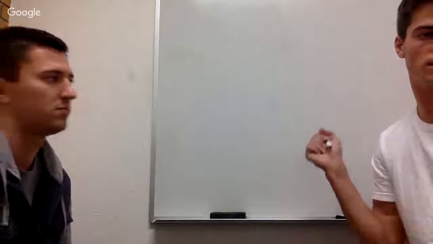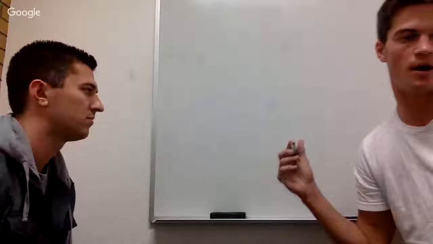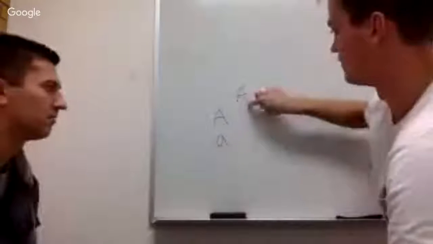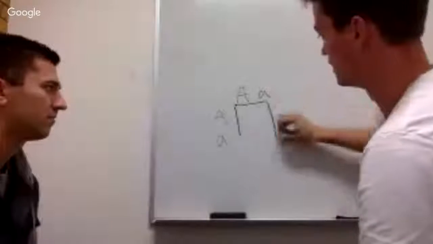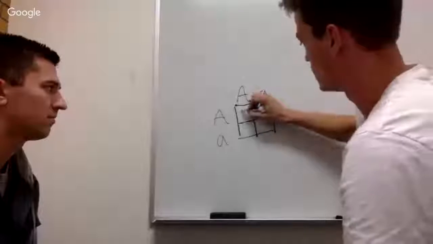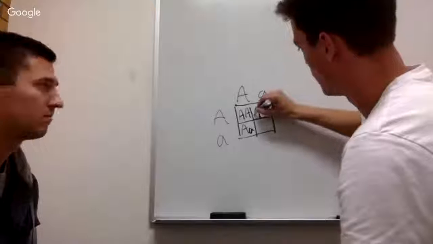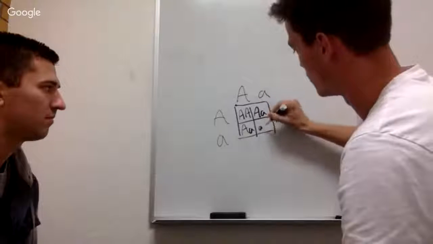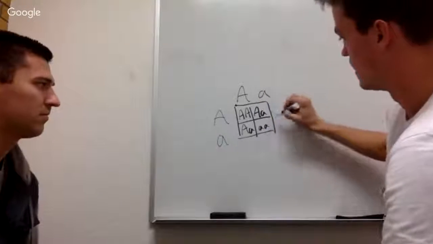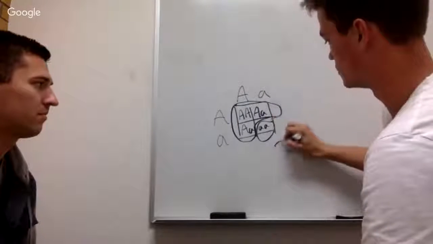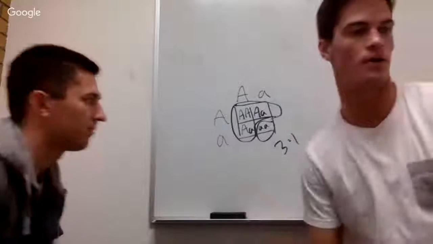Both parents are going to be heterozygous, because if a male is going to have a beard, it has to have at least 1 dominant allele. If we cross these, we get 2 heterozygous, 1 homozygous dominant, and 1 homozygous recessive. These 3 will all have a beard, and this one will not. That gives us the 3-to-1 ratio for A.